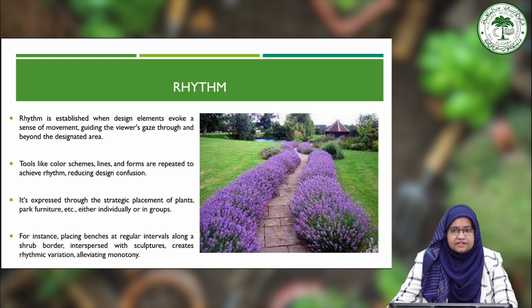It's demonstrated through the deliberate arrangement of plants, park furniture, etc., whether singularly or in clusters. For example, installing benches at uniform intervals along a shrub border, complemented by sculptures, introduces rhythm diversity, mitigating any sense of monotony.